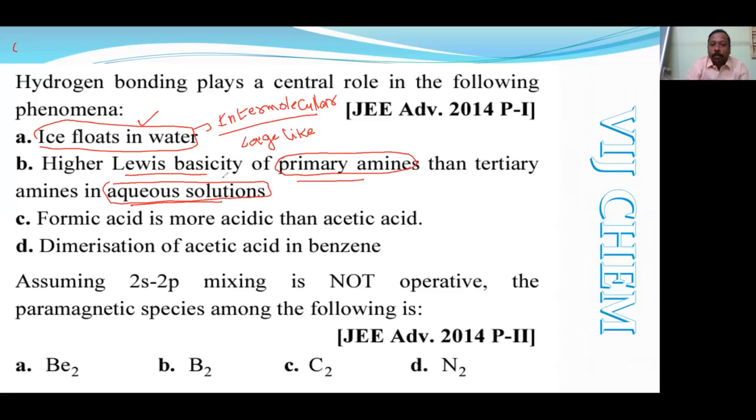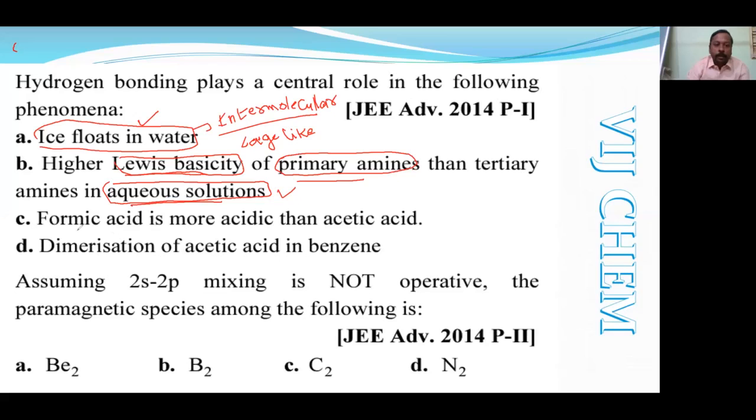Protonated amine, how many hydrogen bonds is it able to form? Based on that, Lewis basicity is expressed in the aqueous case. In the gaseous state, hydrogen bond has no role. Here it is discussed about aqueous solution, therefore it is correct.